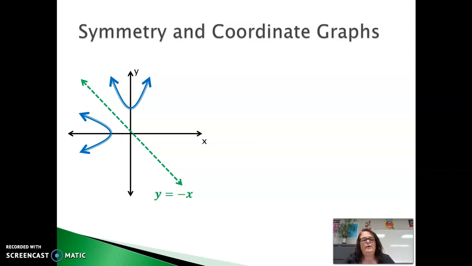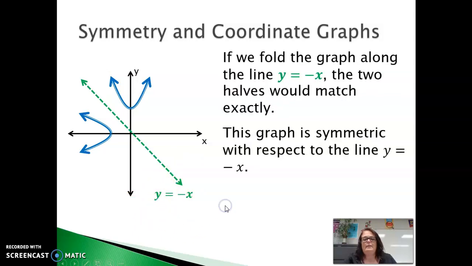If I switch the parabola to the left, then if I fold it along this green line, it would land right on top of itself. And notice this is the line y equals negative x because the slope is negative and it goes through the origin. And so the graph is symmetric with respect to that line.